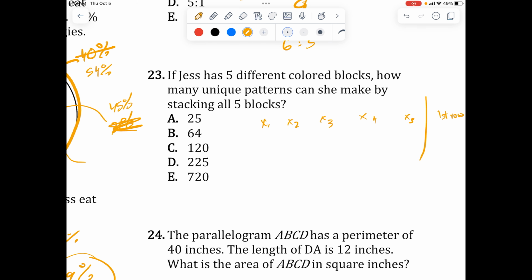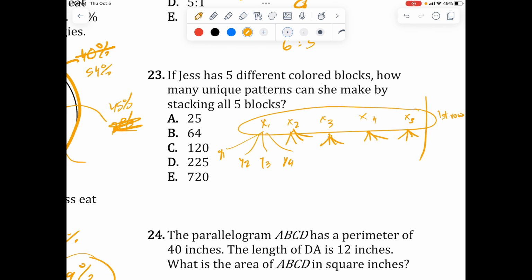So for each of these, there are 4 different second blocks that you could put. I'll call it y1, y2, y3, y4. Again, there's going to be 4 here, 4 here, 4 here, 4 here. So what I've done as a start is I have 5 for the first, and I'm multiplying that by 4. And then each of these is going to have its own 1, 2, 3.